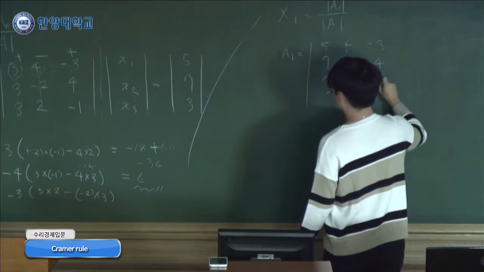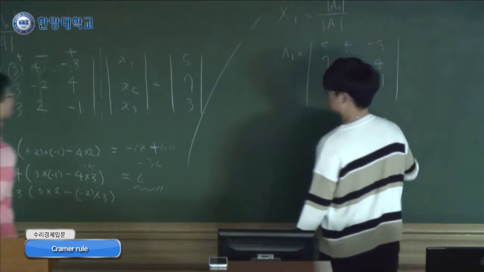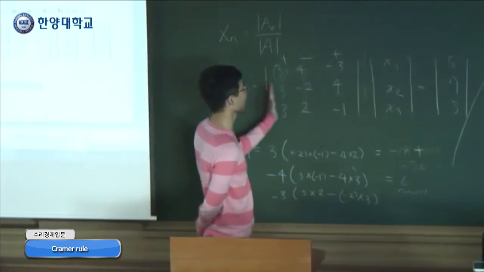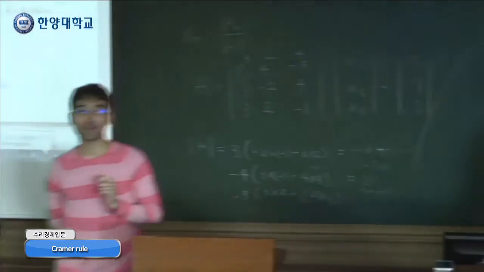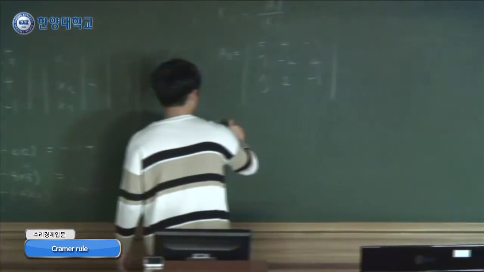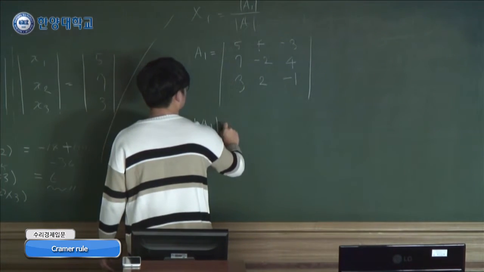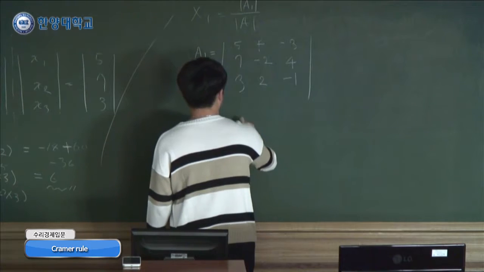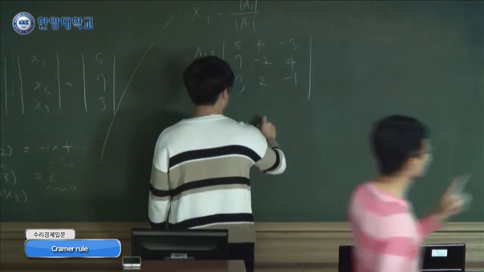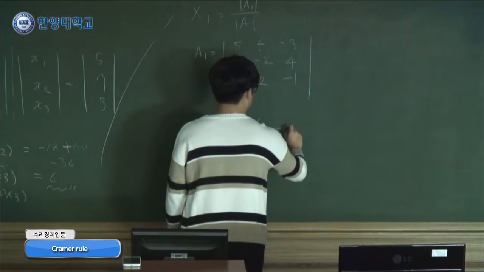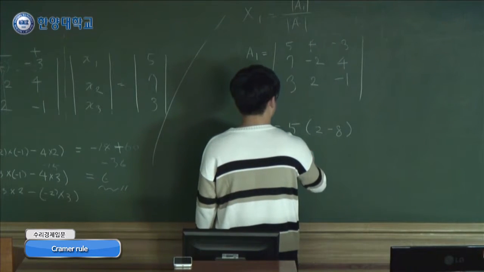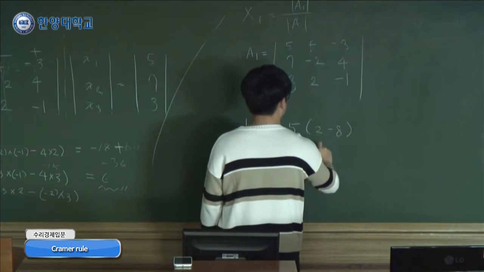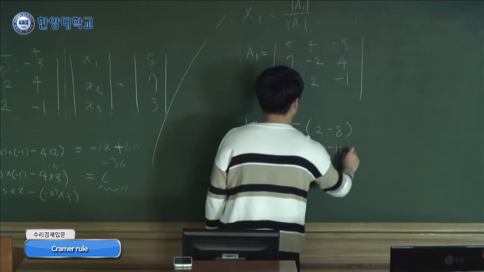So yes, in Cramer's rule, to get x1, we exchange the first column with this one, right? By the way, I got this problem from the following link. If you have a computer now and type this link, then you can see the solution of this problem.